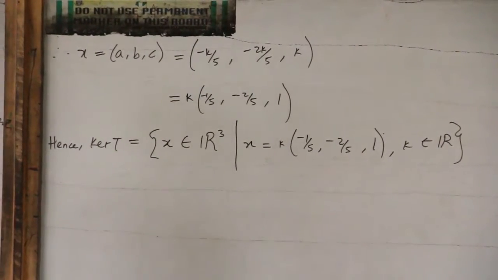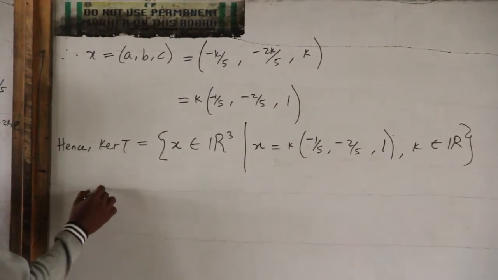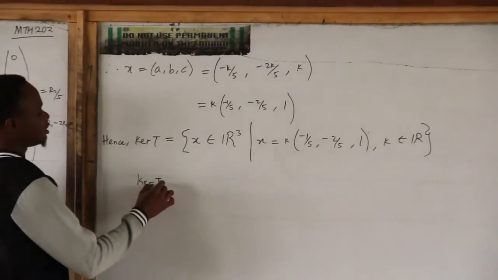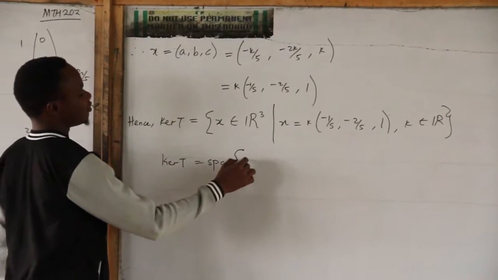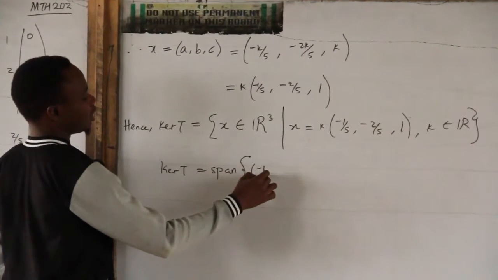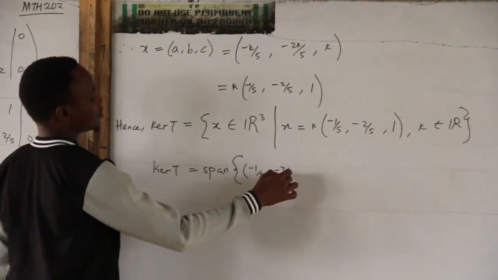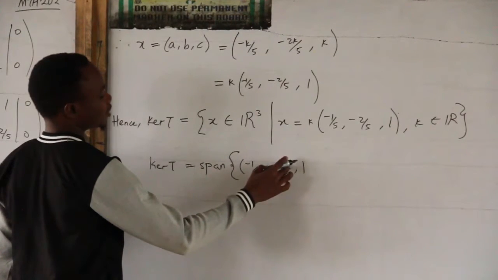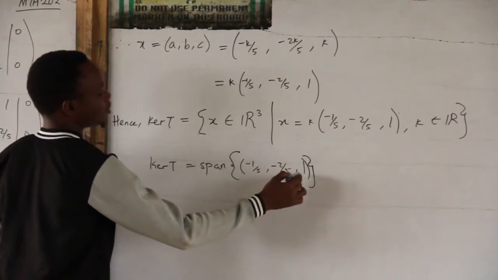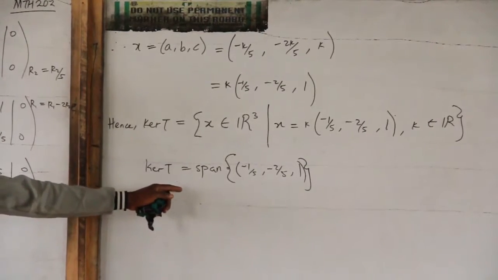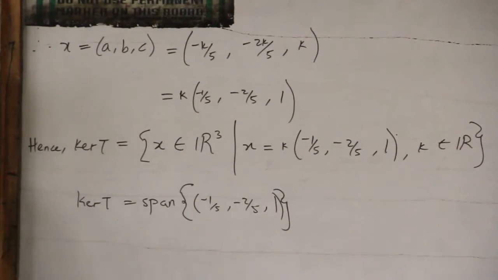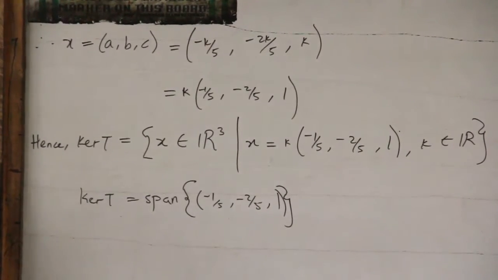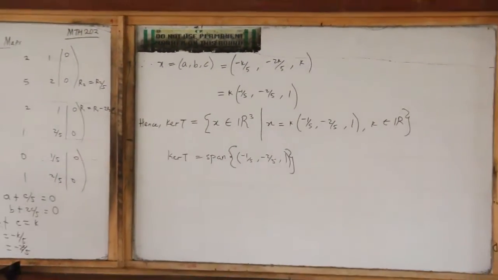Is that clear? Or alternatively, you can write that T is equal to the span of this vector, minus 1 over 5, minus 2 over 5 and 1. So anyone you write is fine. The span of this, that is all vectors that will be linear multiples of this vector. That will give you the element of this.